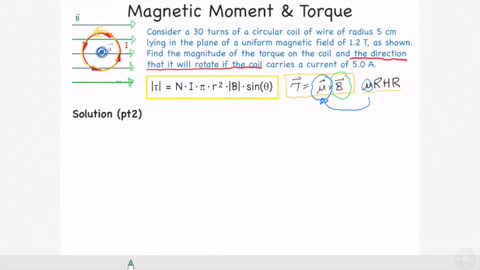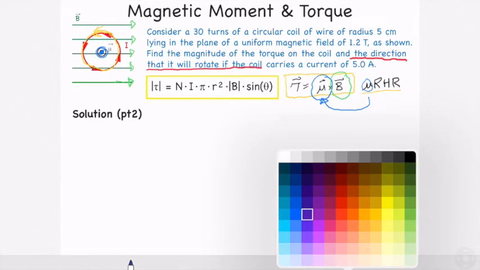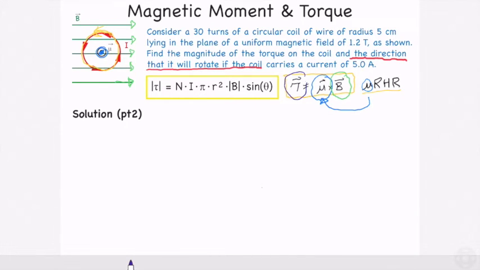And as you push that over into the direction of the B field, your outstretched thumb should point straight upward. And let's pick a color for that. Let's make that purple for today. So your torque will end up pointing this way.